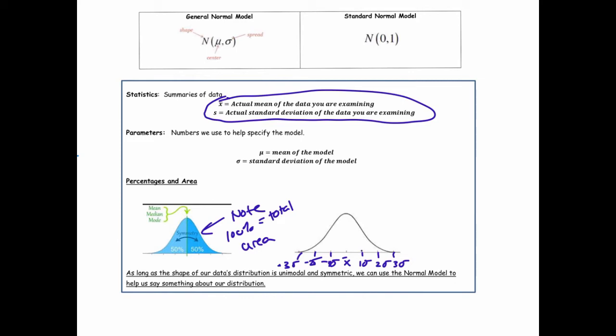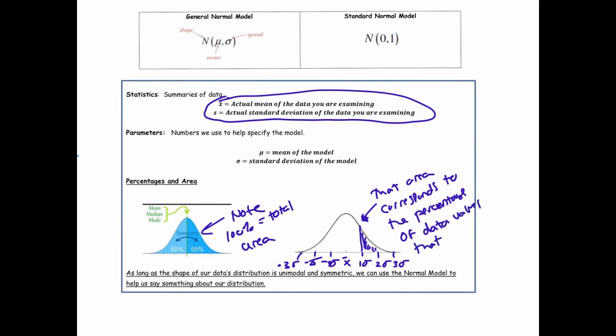Okay, so if I were to just shade this area, that area corresponds to the percentage of the data above 1 standard deviation from the mean. Okay, that area corresponds to the percentage of data values that are 1 standard deviation above the mean or more.